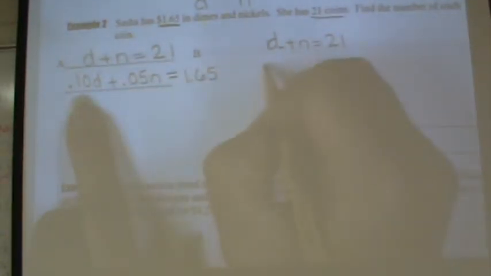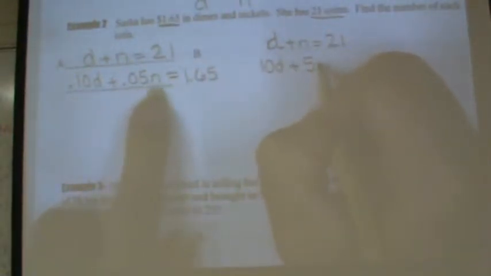Now let's solve it. I don't like decimals, so I like to get rid of these decimals. So I'm gonna move this over twice, this over twice, and this over twice. So my top equation, D plus N, keep that the same. I'm gonna turn this into 10D plus 5N equals 165. Is everyone okay with that?